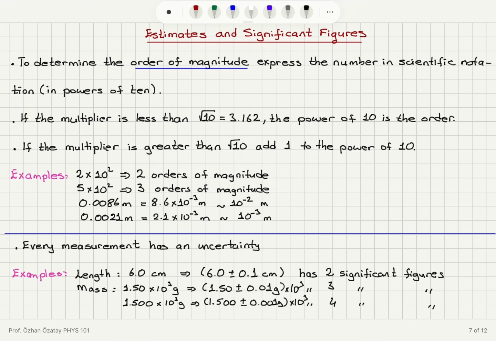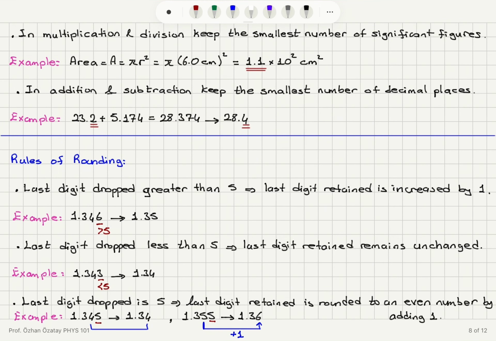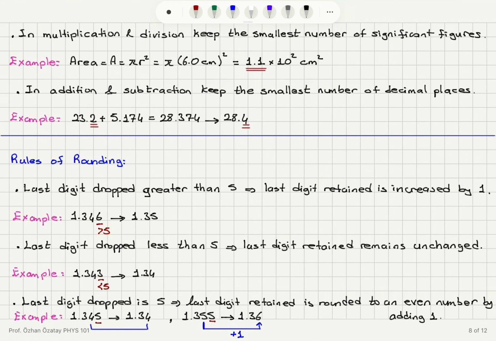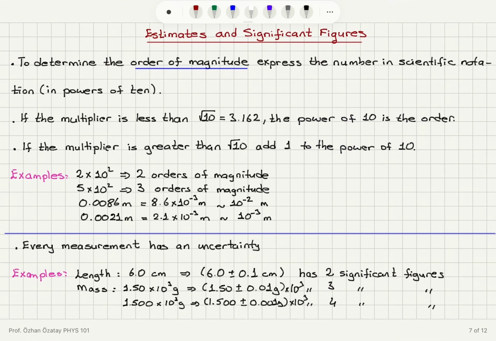So, well, we have to do algebra with these numbers in order to calculate certain other physical quantities, and the rules are as follows. In multiplication and division, we keep the smallest number of significant figures. Okay, so let's say that this length measurement was really a radius measurement.